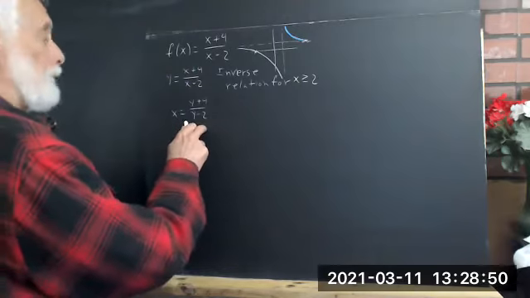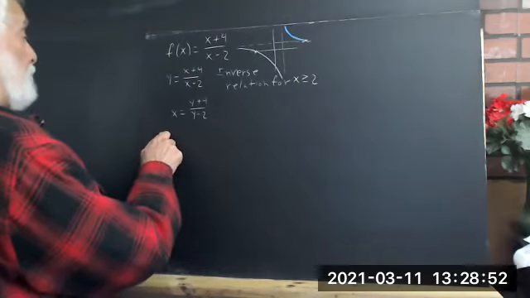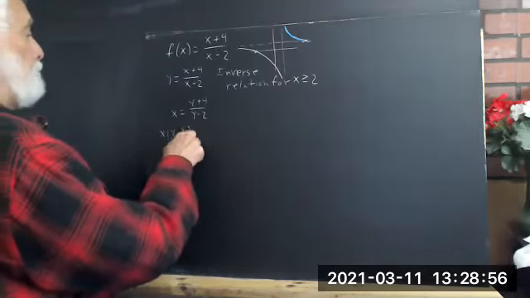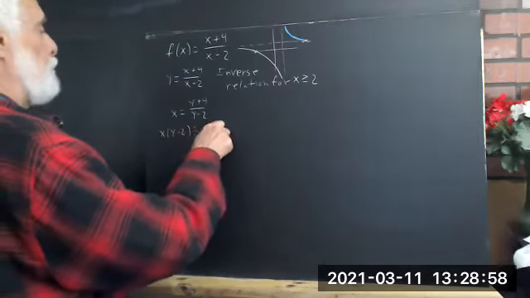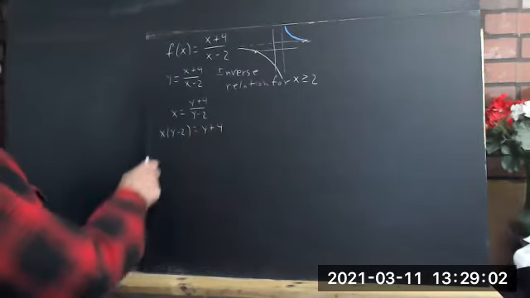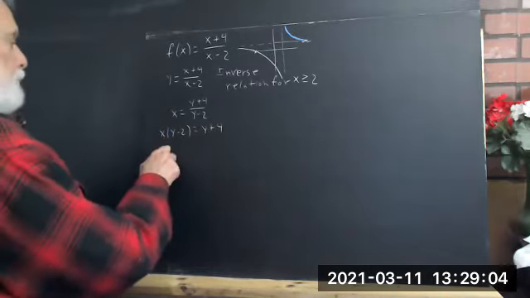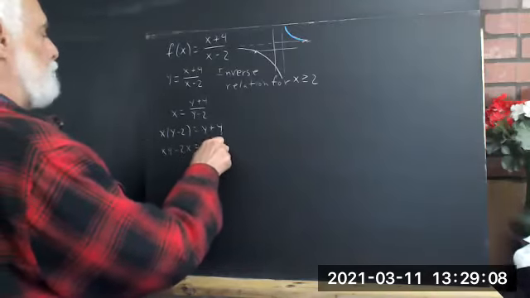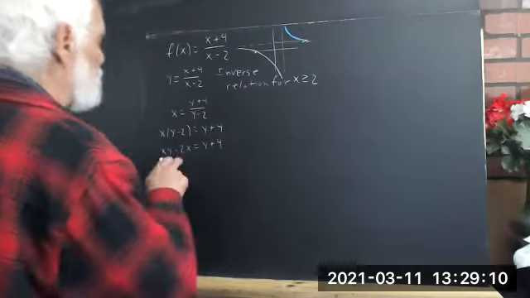We multiply both sides by y minus 2, and we get x times (y minus 2) equals y plus 4. Okay, well then, we expand over here, we get xy minus 2x equals y plus 4. Now remember, we're trying to solve for y.